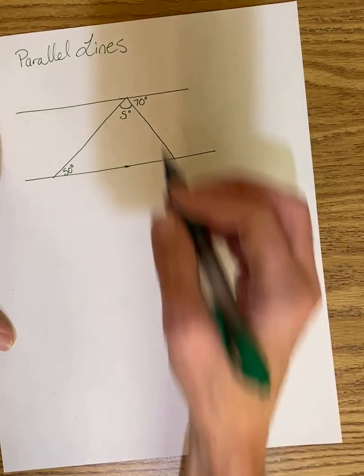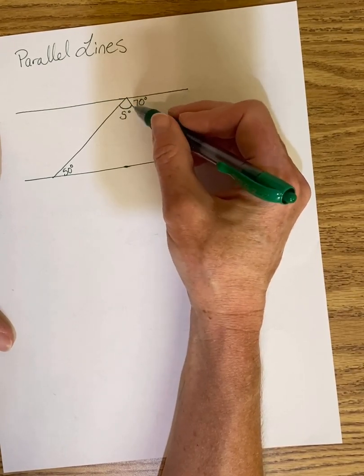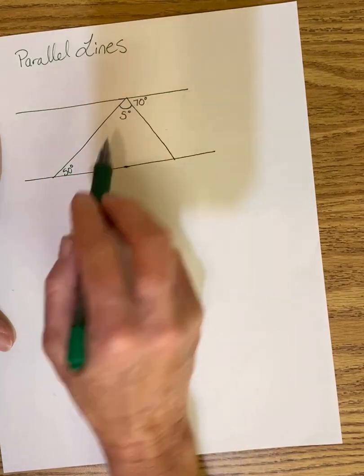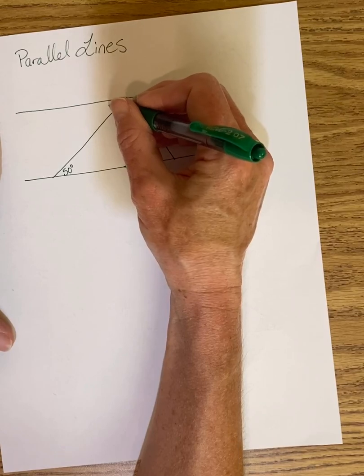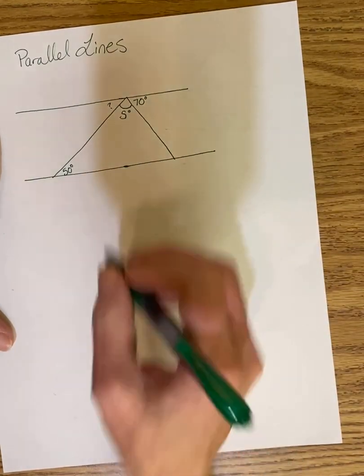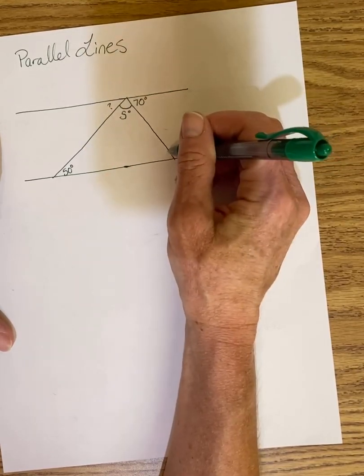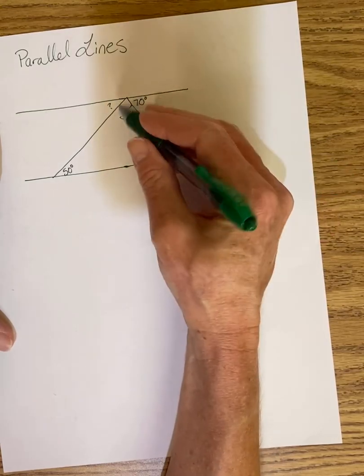Oh, well, good. Well, look. I've got 70 and I've got S, but I can't add these up to 180 because we don't have this one. What the heck is that? And I don't have the 50 and the other one over here. I don't have this to know what it is to be able to add them up to 180.